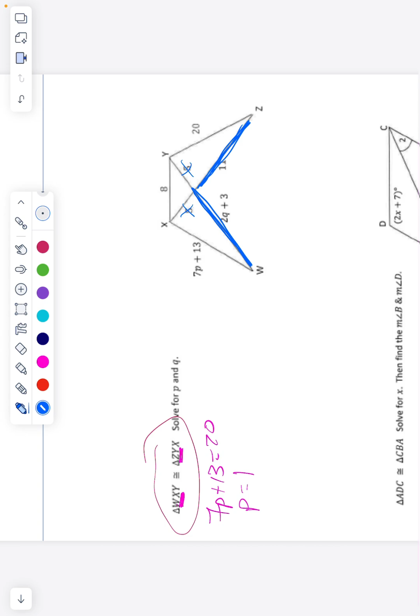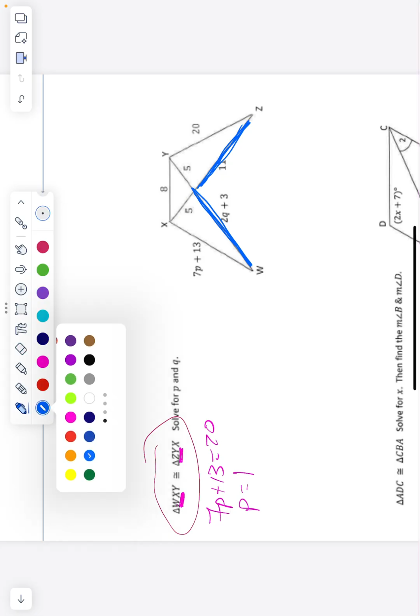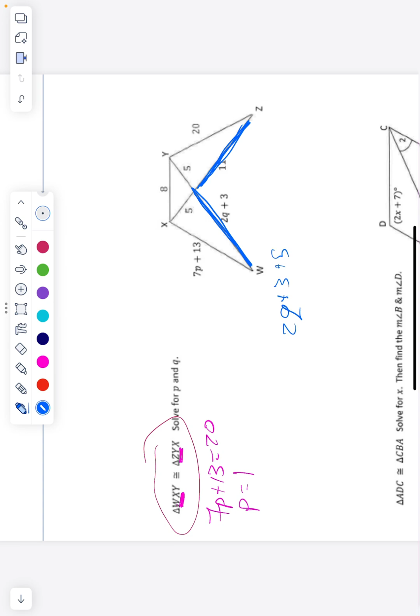So the fact that those two 5s are there does allow us to set those equal, but only because those two 5s are equal to each other. If this was like 4 and 5, do not set those equal, because now they're not the same. But then you wouldn't be able to solve it if they weren't there. Right, correct. You would not be able to solve for Q. So probably a safer way, just conceptually, would be 2Q plus 3 plus 5 equals 11 plus 5.